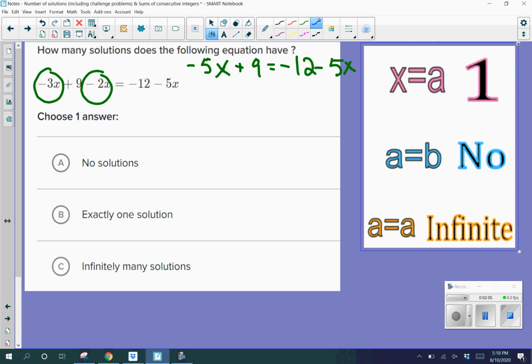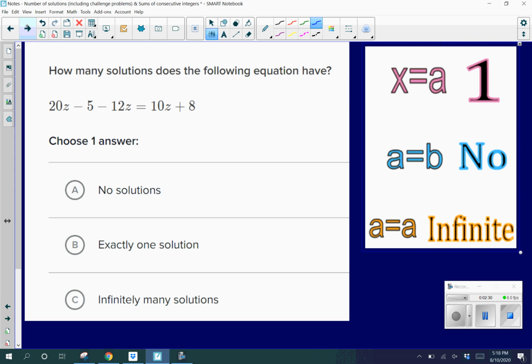So at this point, I would add 5x on both sides. It would cancel there. And now look what happens. It cancels here as well, leaving me with 9 equals -12. Does 9 equal -12? No. So this would be where A equals B. So clearly this one is no solution.